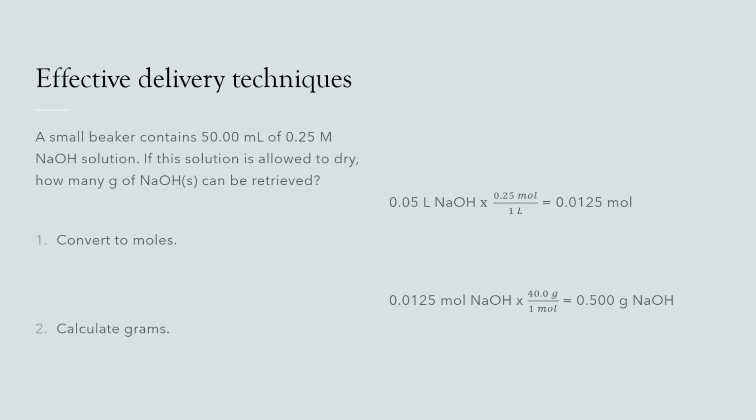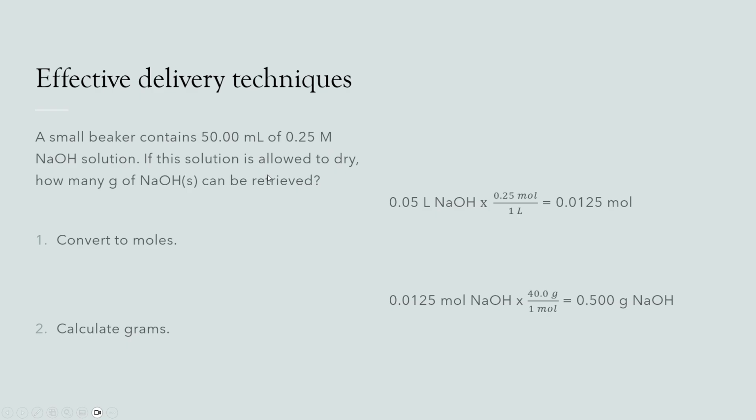Next, let's tweak the equation a little bit. Let's try this problem. A small beaker contains 50 milliliters of 0.25 molarity NaOH solution. If this solution is allowed to dry, how many grams of NaOH can be retrieved? Well, what we can do is convert to moles first, because we're given the volume in milliliters and we're given the molarity.